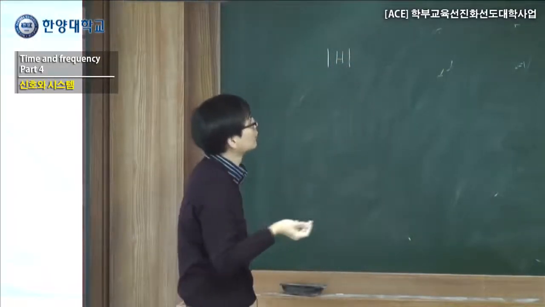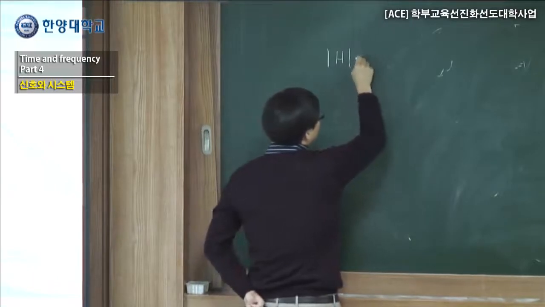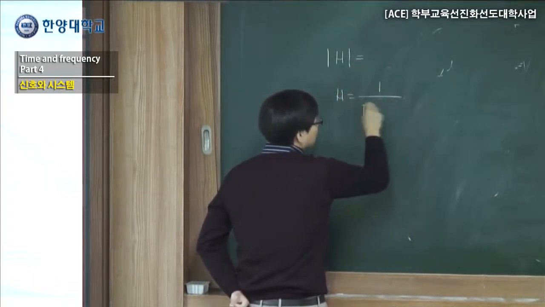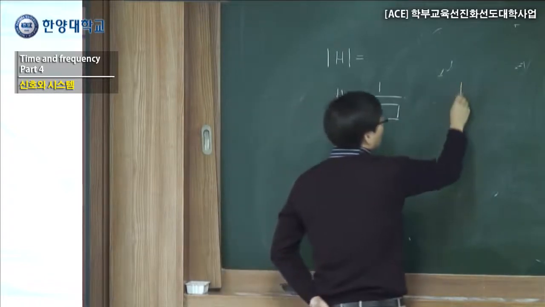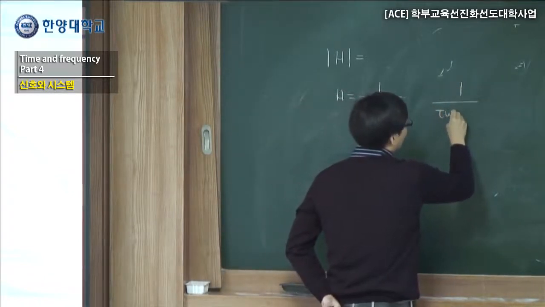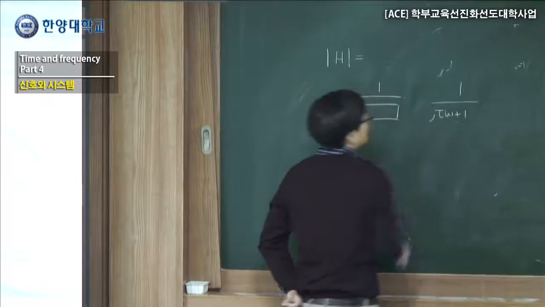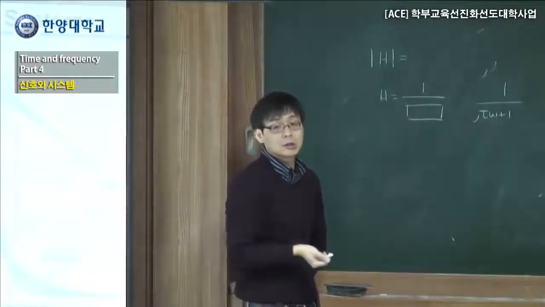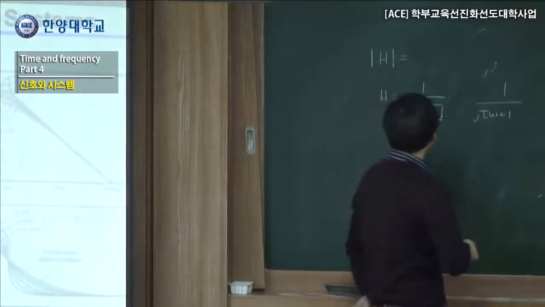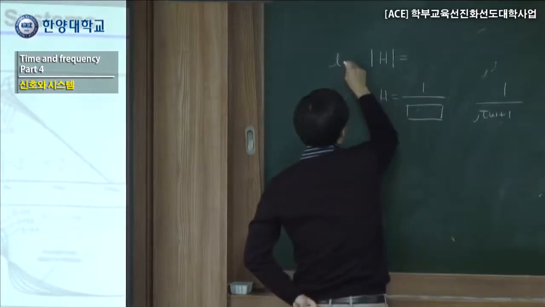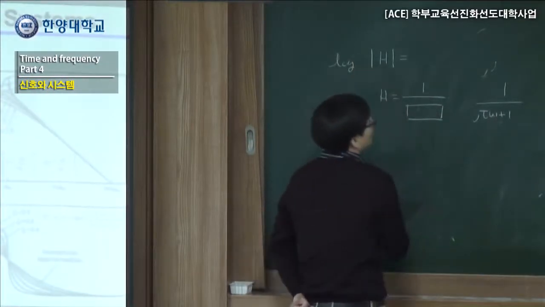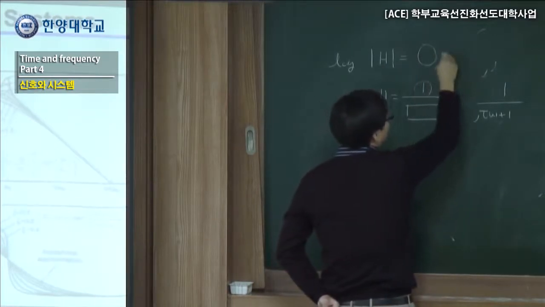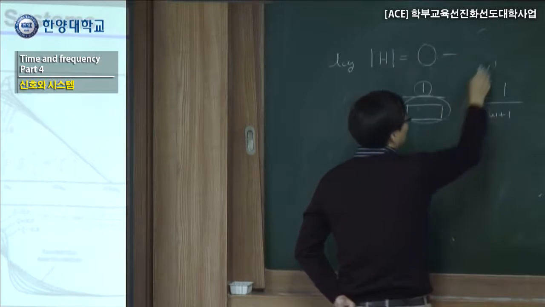If H happens to be 1 divided by some function, like 1 divided by tau omega, something like this, how do we calculate their amplitude? In amplitude, which is basically log, because there's a log, we calculate the amplitude of this part minus the amplitude of this part.